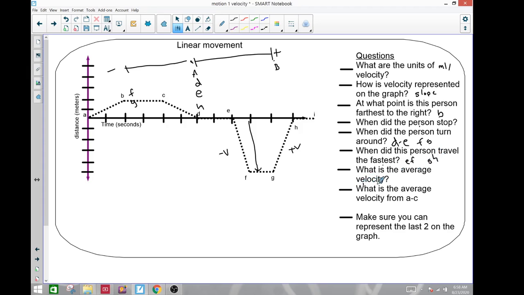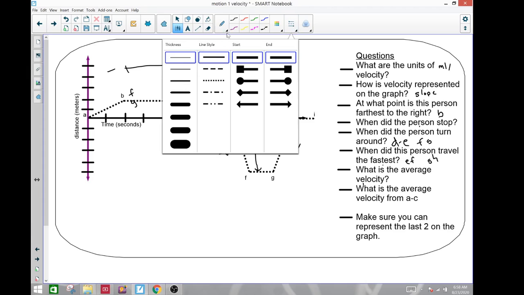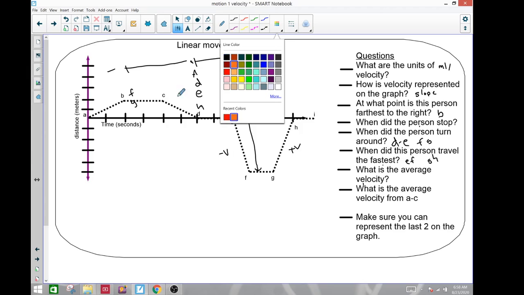What's my average velocity? Technically, for average velocity you take your slope.